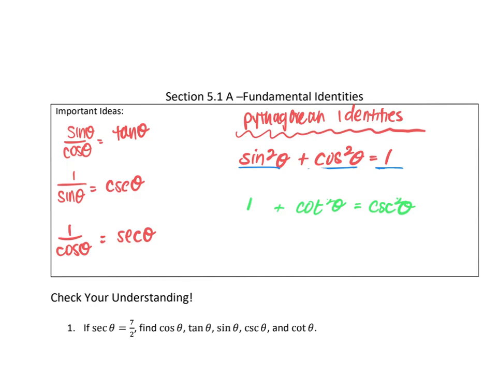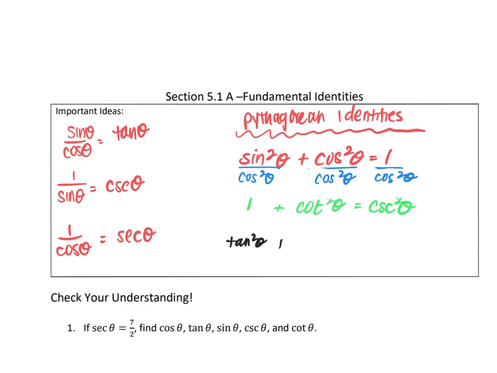To get the third Pythagorean identity, I am going to divide everything by cosine squared. And when I do this to both sides of the equation, I'm not changing the value of the equation. I'm just making it look different, okay? So sine squared divided by cosine squared is tangent squared.